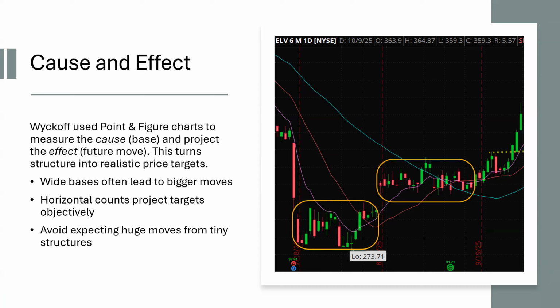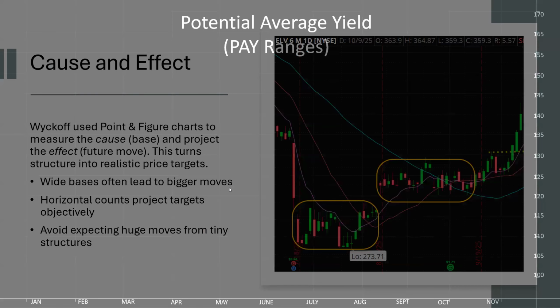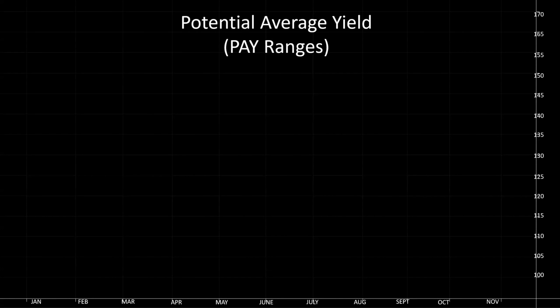That's a day trading conversation. As swing traders, we're looking to trade outside the pattern. So when we look at the pattern here, when it breaks out, you have a very similar range here. That's cause and effect. Now, when it comes to utilizing potential average yield, we look at that through the lens of the patterns within a trend.